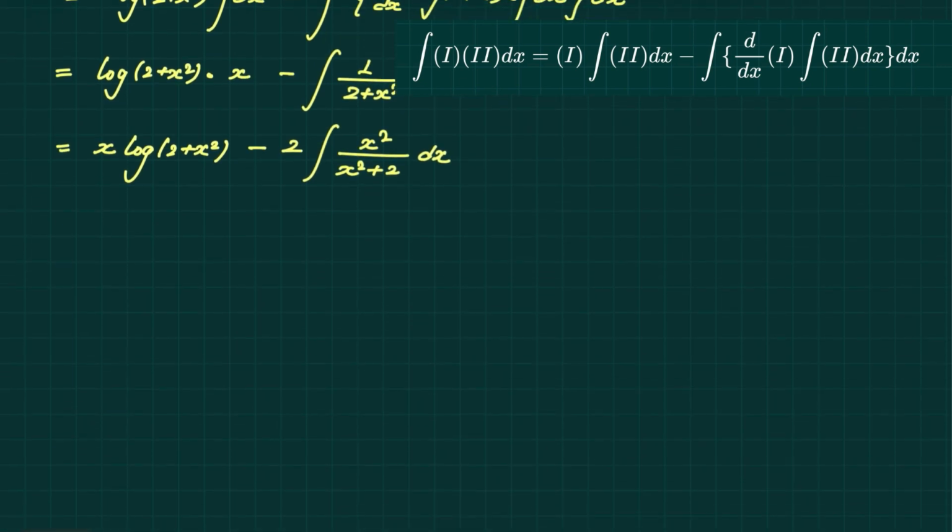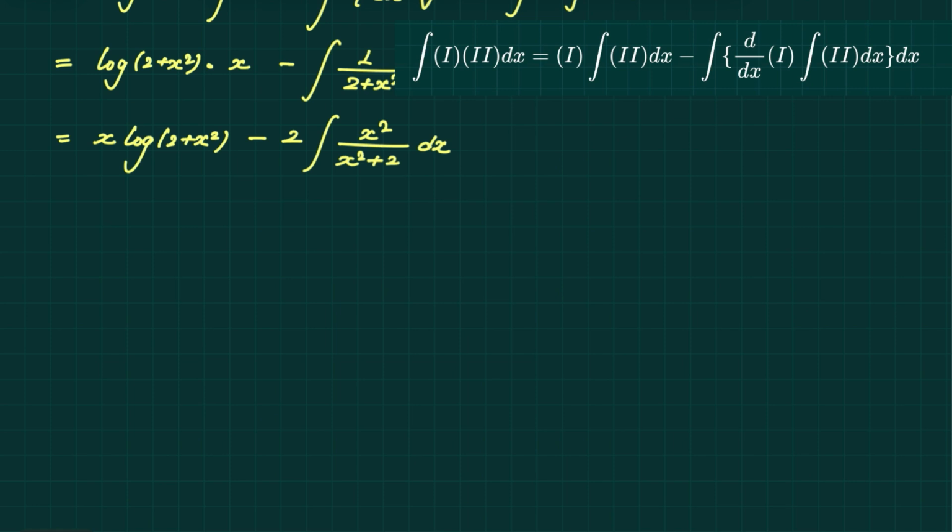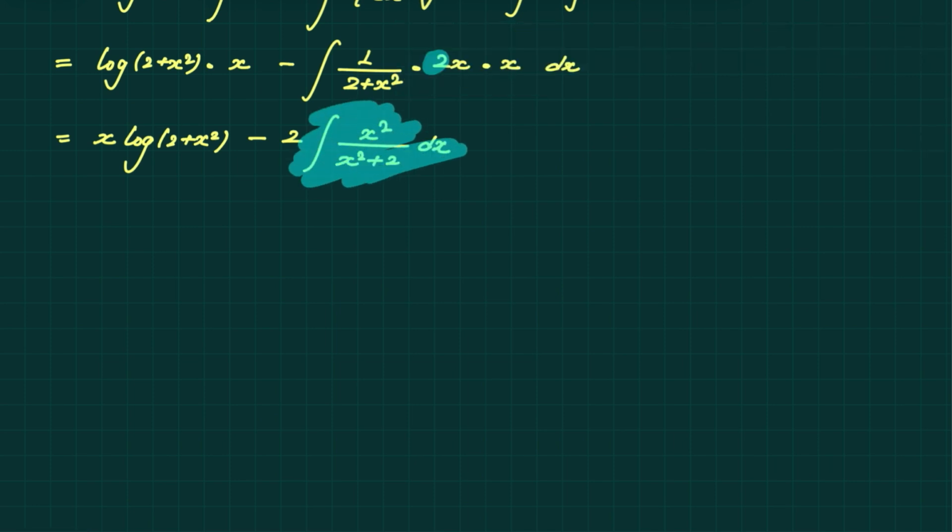Now in order to evaluate this integral, let us divide x square with x square plus 2 first. So dividing x square with x square plus 2, then we will have x square 1 is x square and 1 into 2 is 2. Changing the sign, we will have minus 2 as remainder.